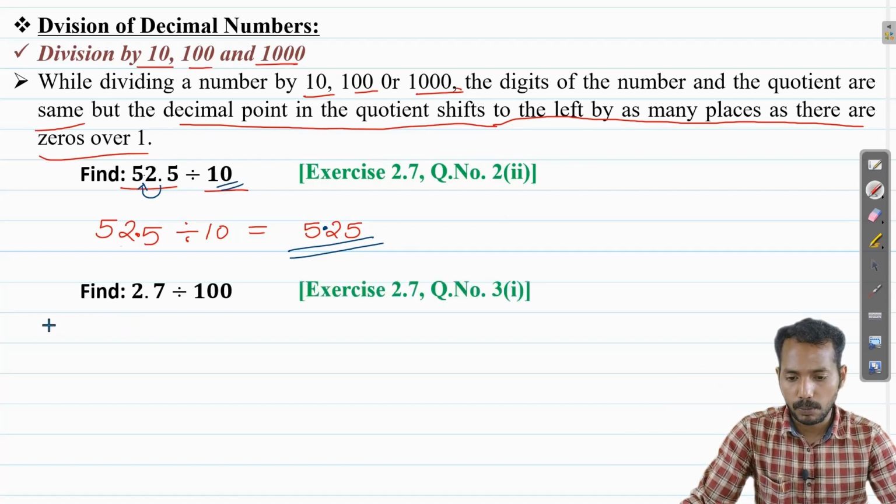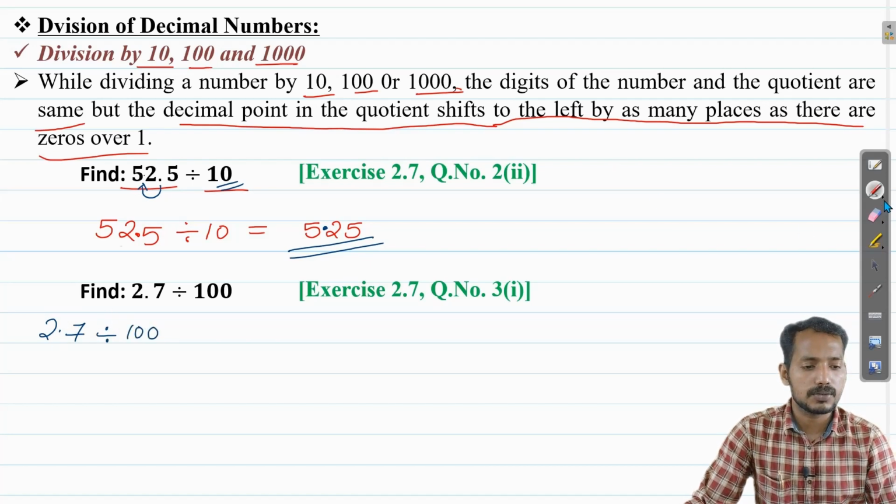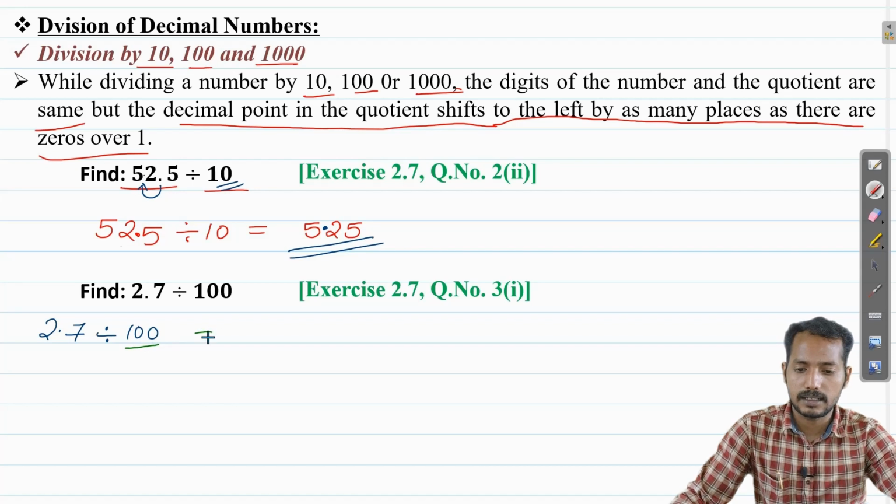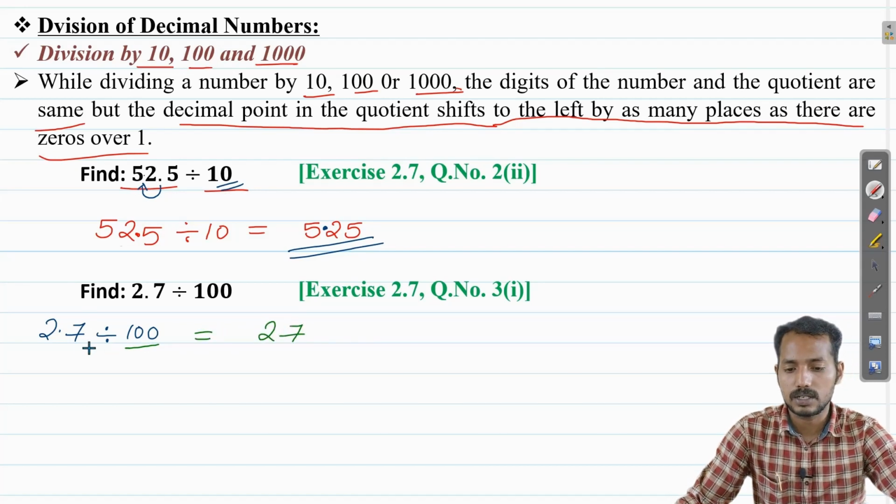Let's take one more example. Here, 2.7 divided by 100. Count the number of zeros in 100. How many zeros are there here? 2 zeros. Okay, so just write the digits as it is, 2 and 7, no need to change, and shift. This is the decimal point. Shift towards the left, 1, and again 1.